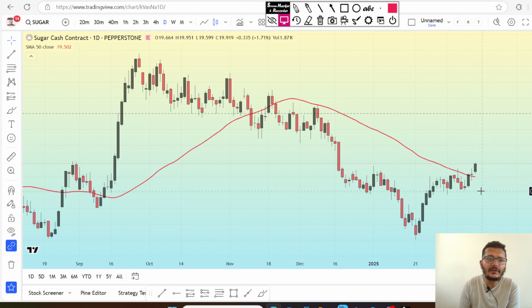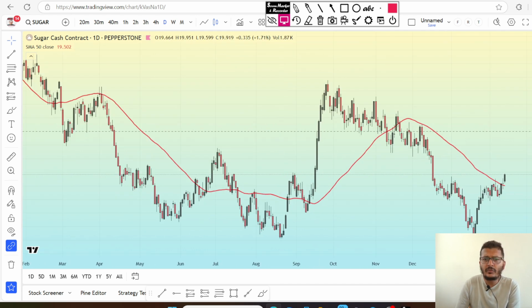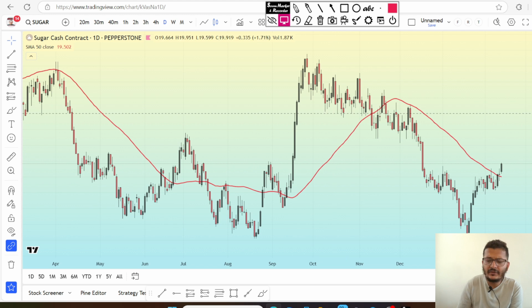This is a very useful indicator. I personally use it because it helped me find the trend of the market, and we can also easily study the momentum of the market. So this is very important. Usually the moving average behaves like support and resistance.